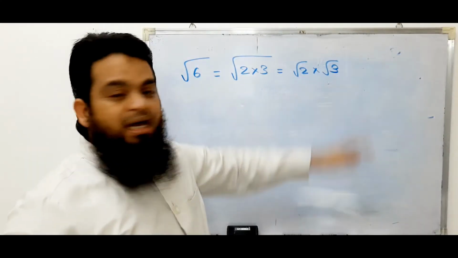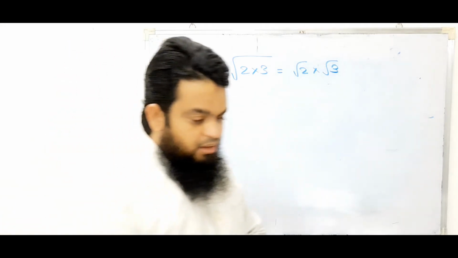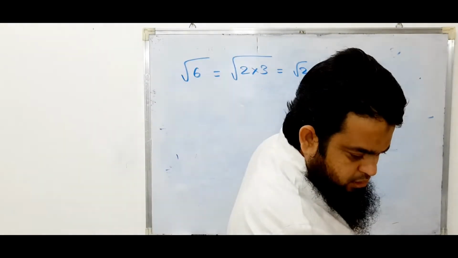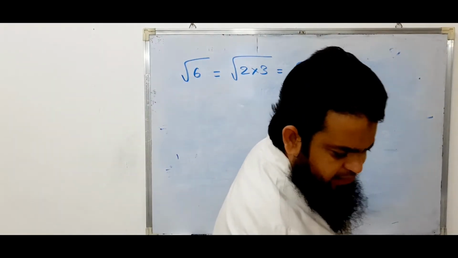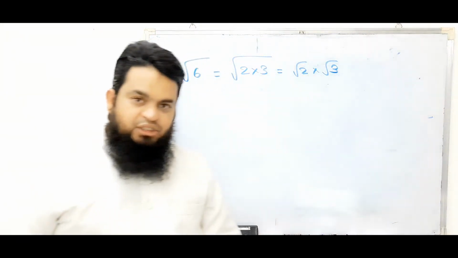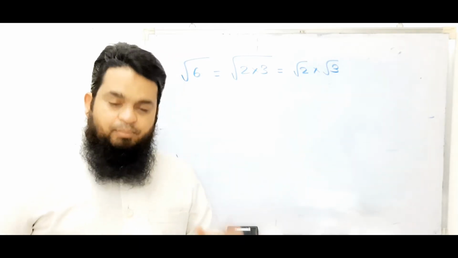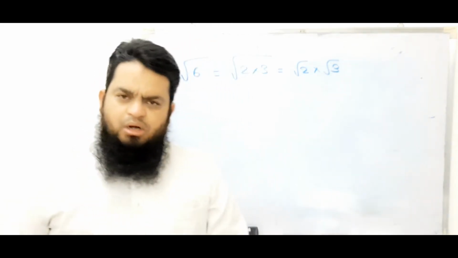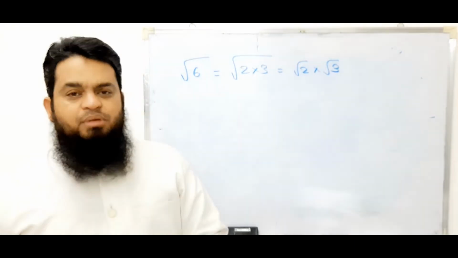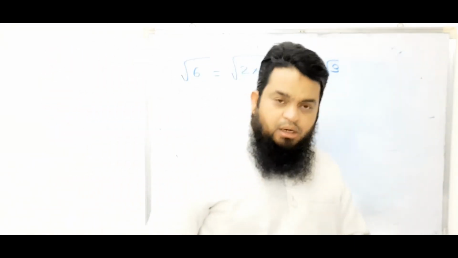So root 2 times root 3 is an irrational number. Root 6 is not a rational number. Yes, it is not a rational number. It is an irrational number. So true, according to the quiz.